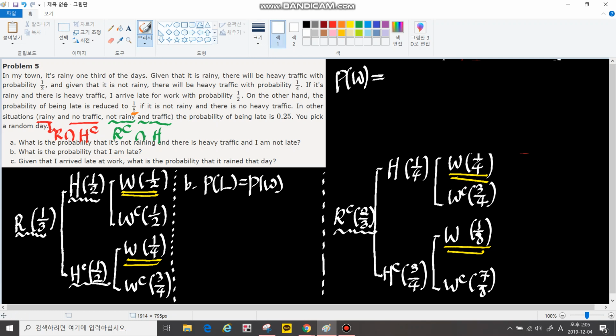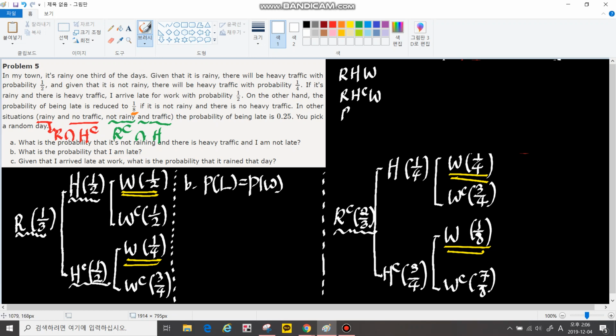The first scenario is it rains outside, there's heavy traffic outside, and he's late for work. The second scenario is that it's raining outside and there is no heavy traffic, and then he's late for work.